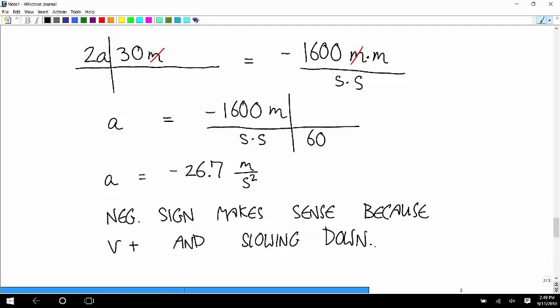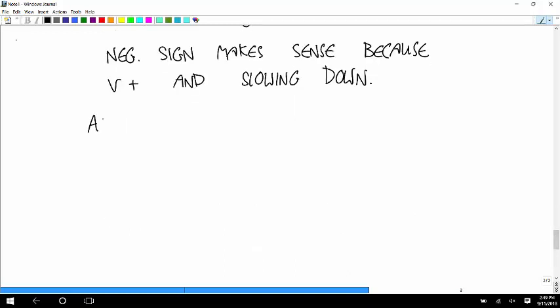Okay, I'm going to do this problem again, but this time I'm going to make different choices of the position equals 0 and the positive direction. And we'll see what kind of things are different, but we'll see what kind of things give us the same information too.